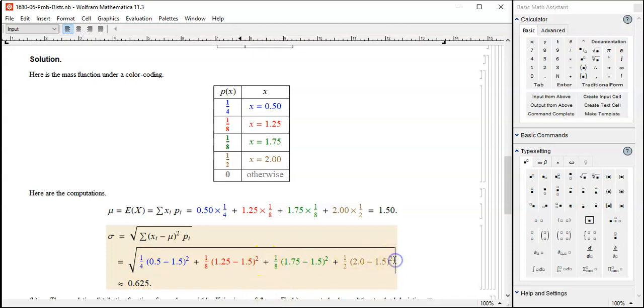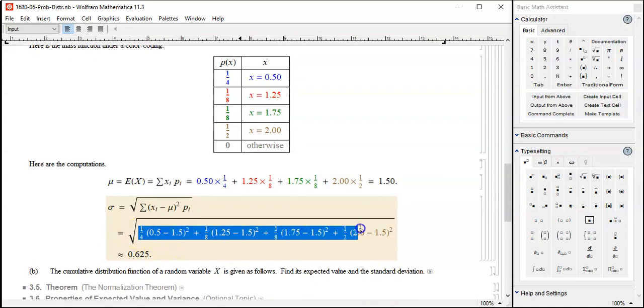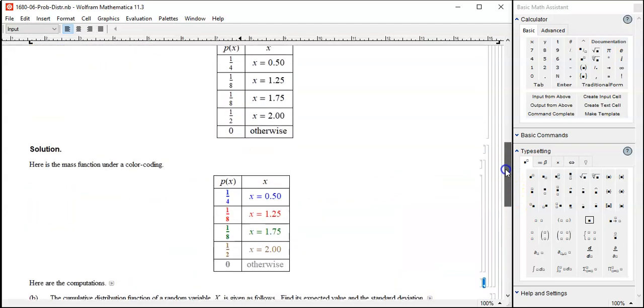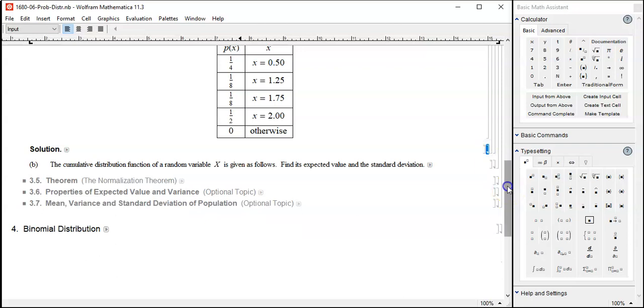So just use that computational formula here and do your computation, take the square root, and then that is the probability standard deviation. Without the square root, this part is the variance. Okay, that was easy. If you have a probability mass function, that's easy.